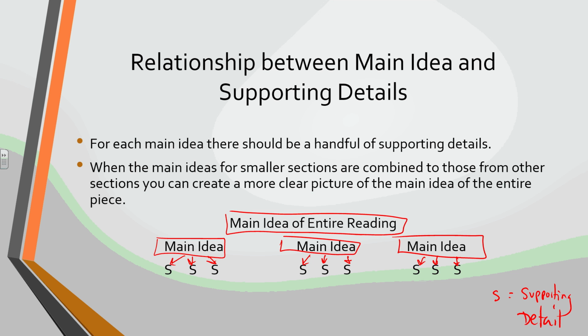So what we're going to ask you to do next is to actually take a reading and attempt it. Remember to start with the reading and taking just note of possible important information, then go back and find the main ideas and supporting details for each section. And then lastly, find the main idea for the entire reading. Give it a shot and then check out the video I made where we actually show you how it's done. If you have any questions, remember you can ask me in person or try online. Best of luck, guys.